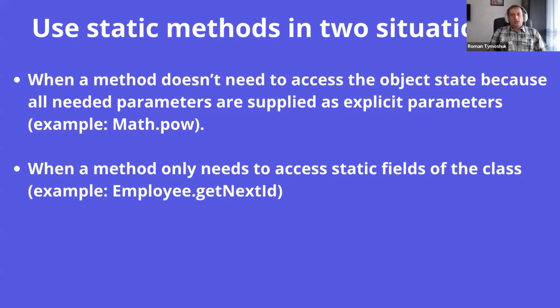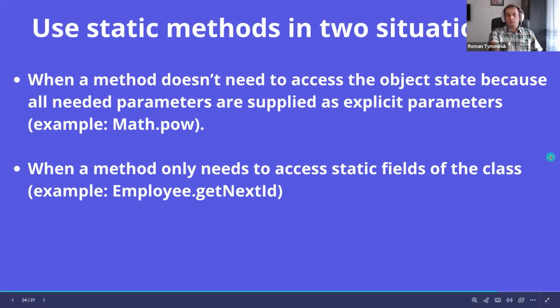It's not related to any kind of context or any objects. And the second case is when a method only needs to access the static fields of the class, like getNextID. Any questions here? Perfect, no questions.